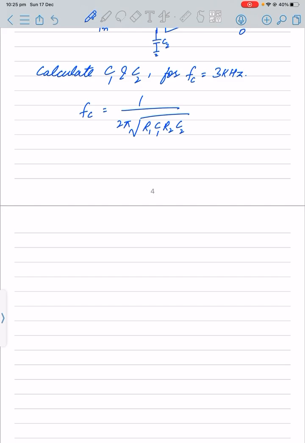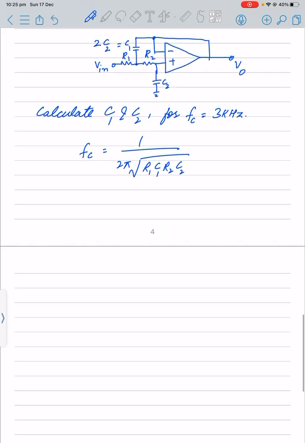So again, R1 and R2 are equal to each other, and their given values are 22 kilo ohms, and this one is also 22 kilo ohms. So we can say that R1 is equal to R2, that is equal to R, that is 22 kilo ohms.